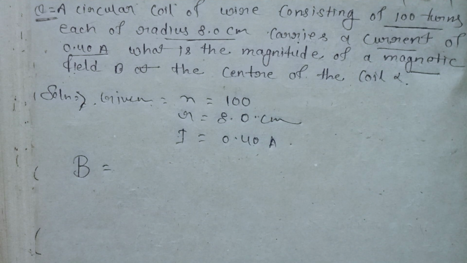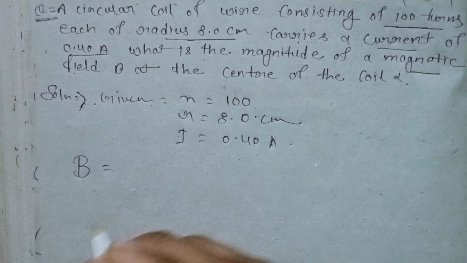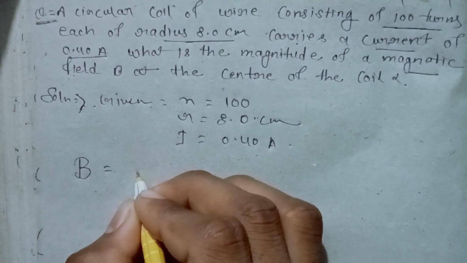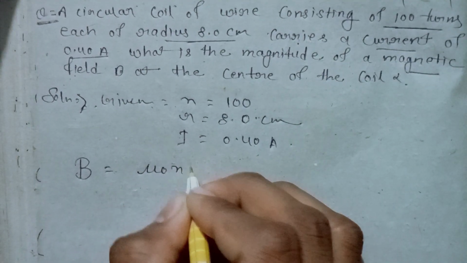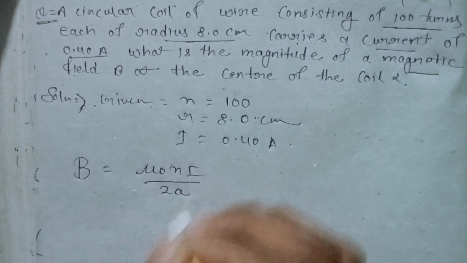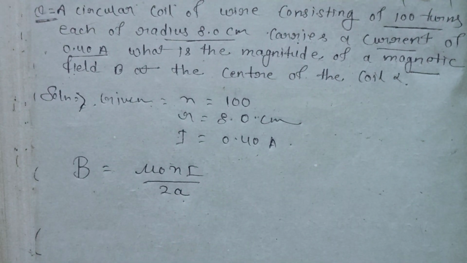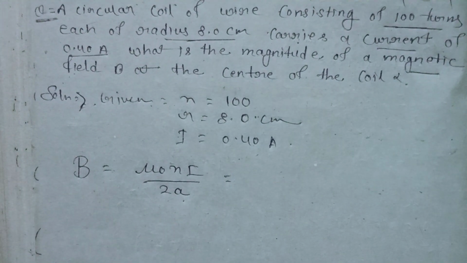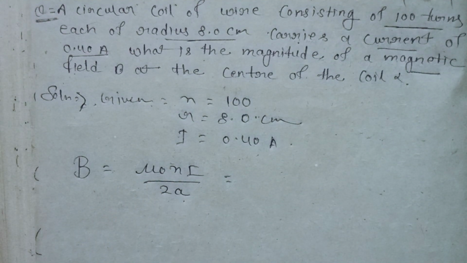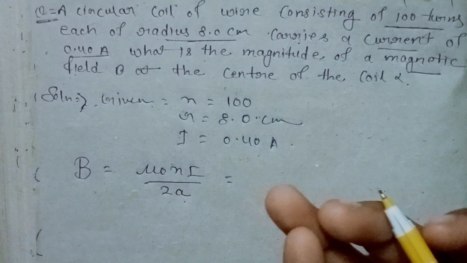Now if we read the chapter, we know that from the application of Biot-Savart law, the field is equal to mu naught N I by 2a, where a is the radius. So simply we put the values and find the field.